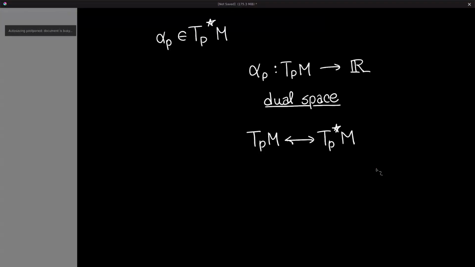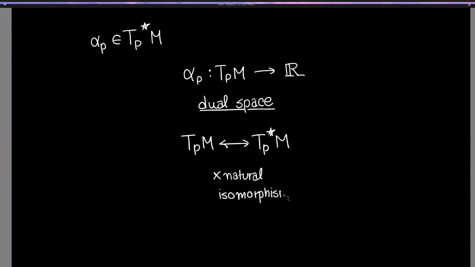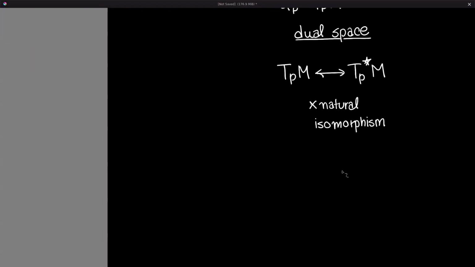There is actually an isomorphism between the two, although Otonu would probably want me to say that the isomorphism is not natural. So it's a coordinate dependent isomorphism is the idea. Once you define some coordinates, you can show that the two spaces are isomorphic.